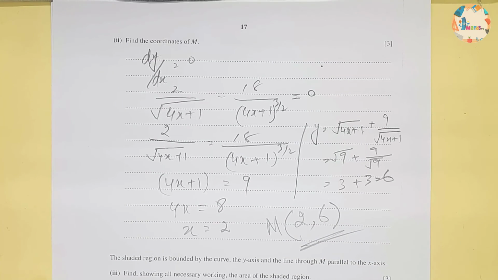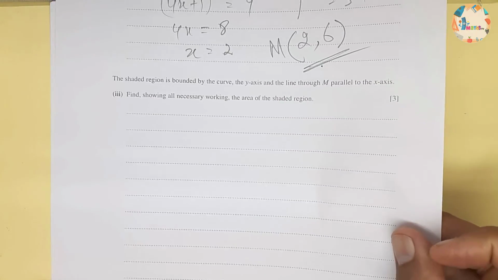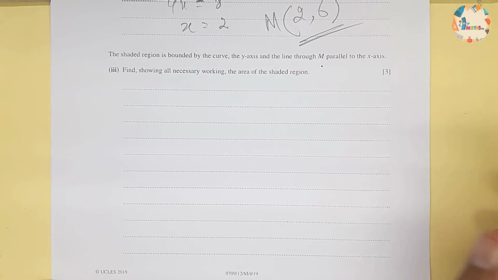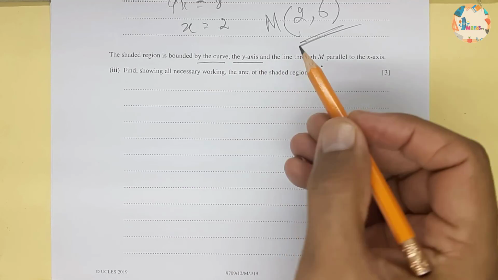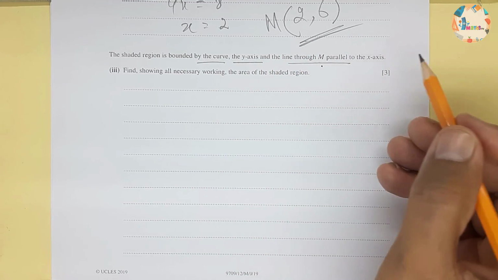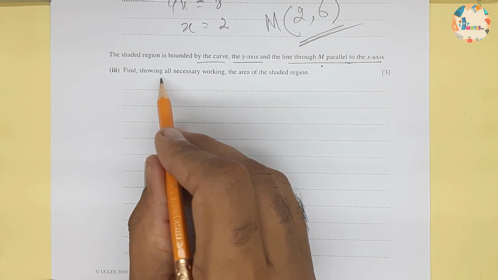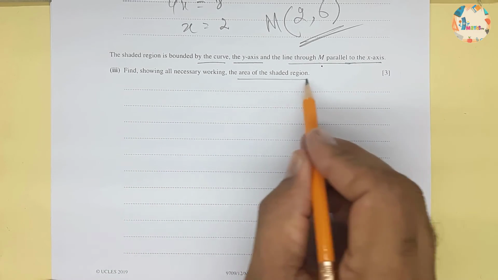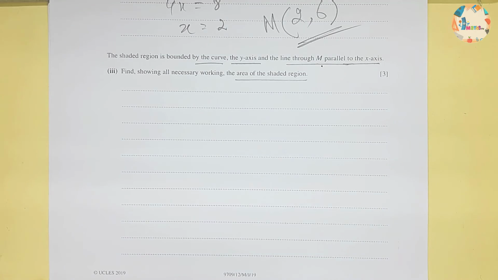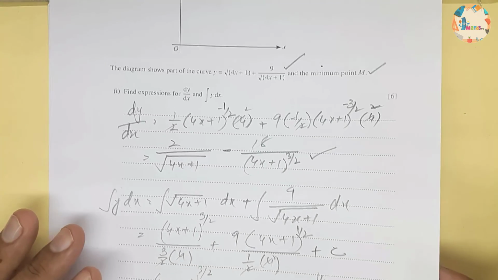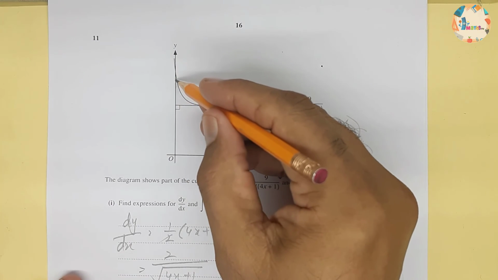The shaded region is bounded by the curve and the x-axis and the line through m parallel to the x-axis. Find, showing all necessary work, the area of the shaded region. So for this part our strategy will be like this: this is the graph provided.